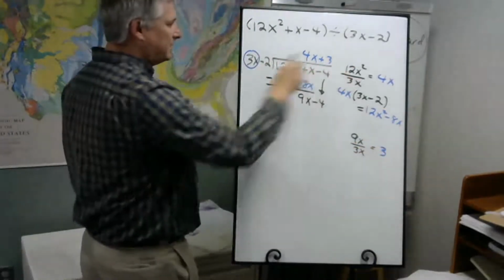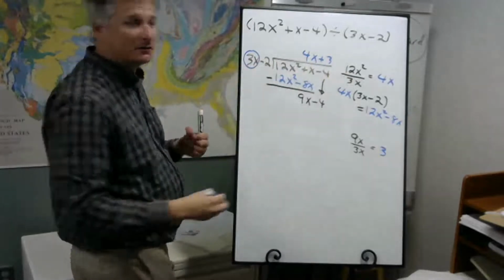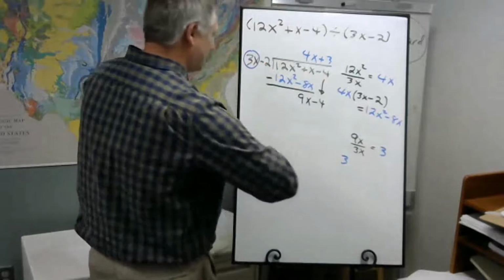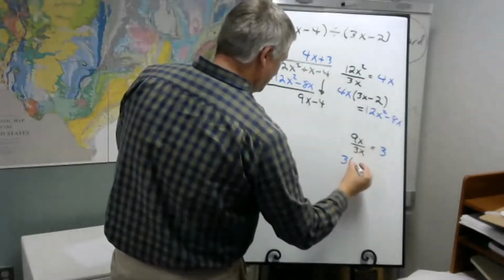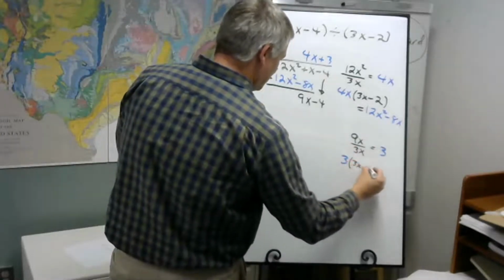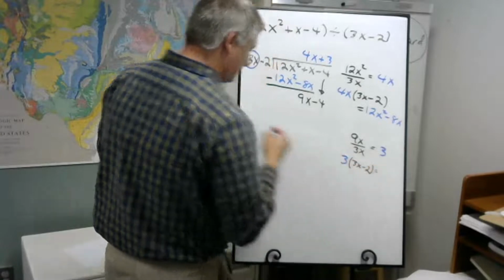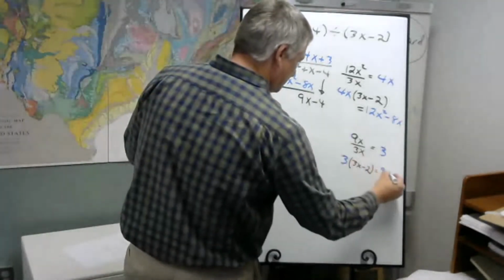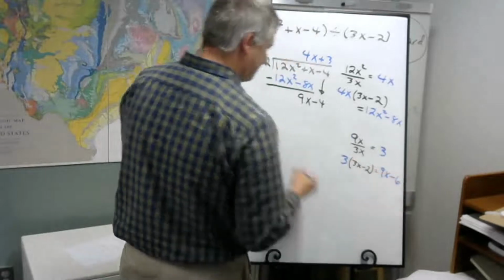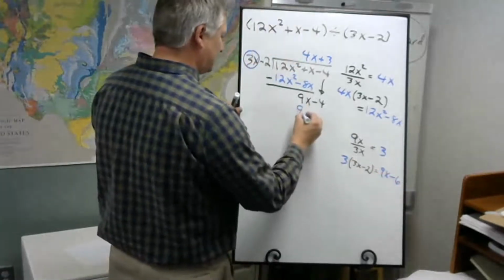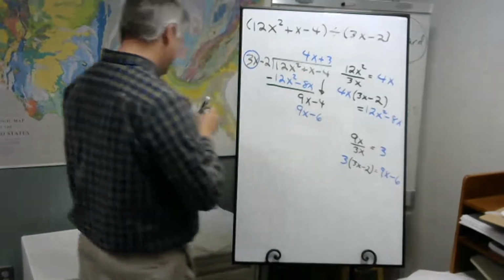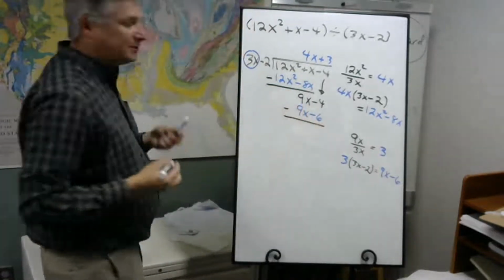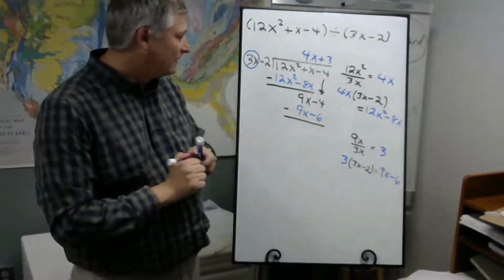We would take 3 times the entire divisor to get 9x minus 6. And so now we subtract.